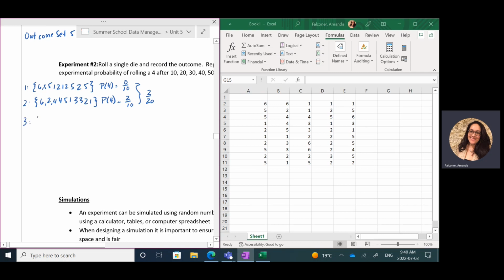My third set would have been 1, 1, 4, 3, 3, 2, 6, 6, 2, 5. And we've got just one 4 there. So that would have been 1 out of 10, or generating 3 out of 30.